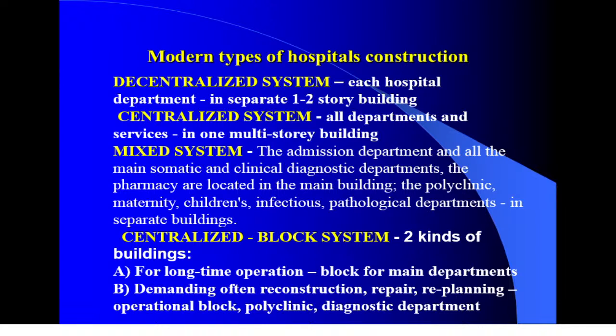In such a block system there may be some free territories for the location of new departments. So there may be some stable blocks and so-called free territories, free blocks.